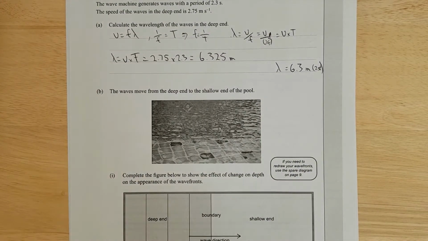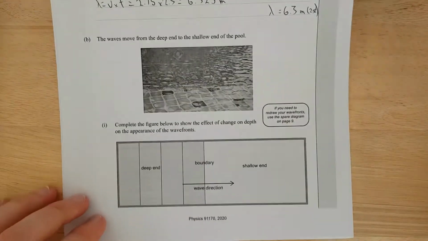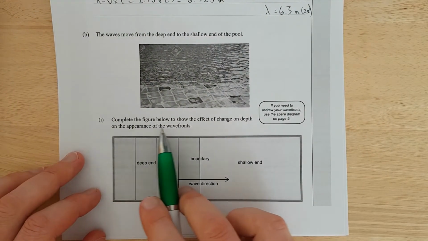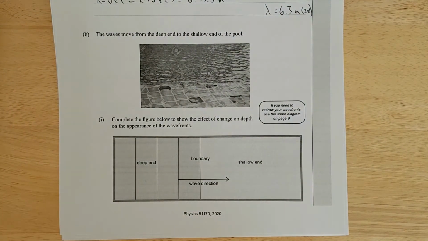Right, the waves move from the deep end to the shallow end of the pool. Also, I should have had this in color, it frustrates me. But anyway, complete the figure to show the effect of change of depth on the appearance of the wavefronts. So, has it given it away in the question?